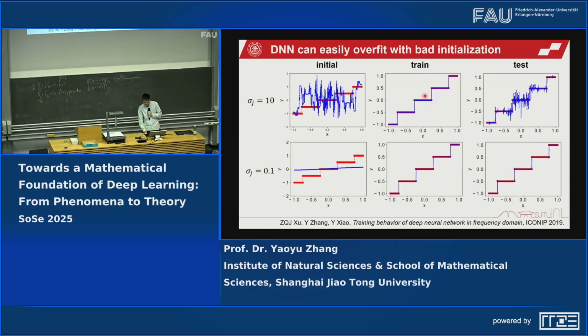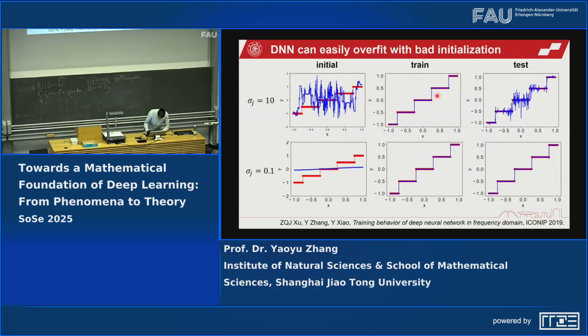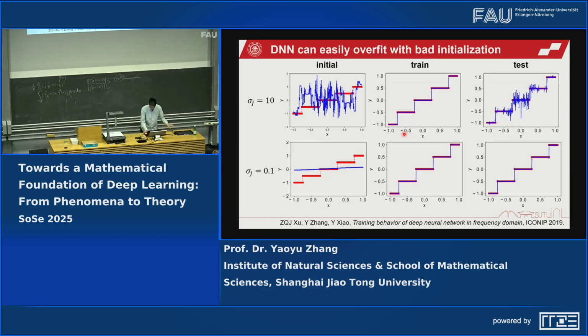And after training, this is a graph I plot only at these training data points. On these training data points, it works reasonably well because I have data. But if I evaluate on a much denser grid, then you can see that there is some high frequency oscillation between the training data points.